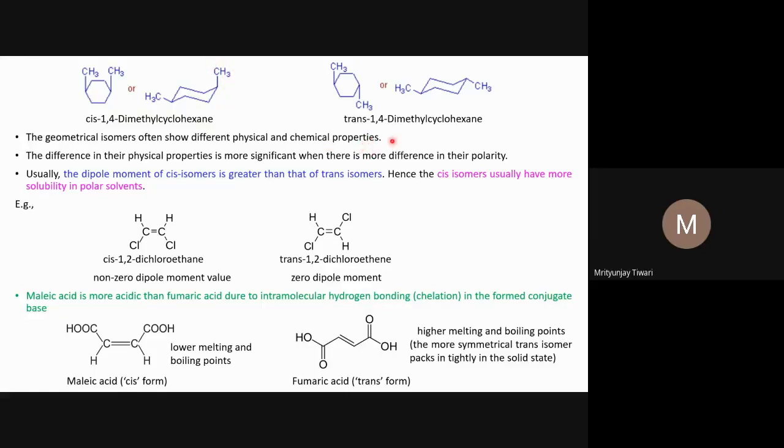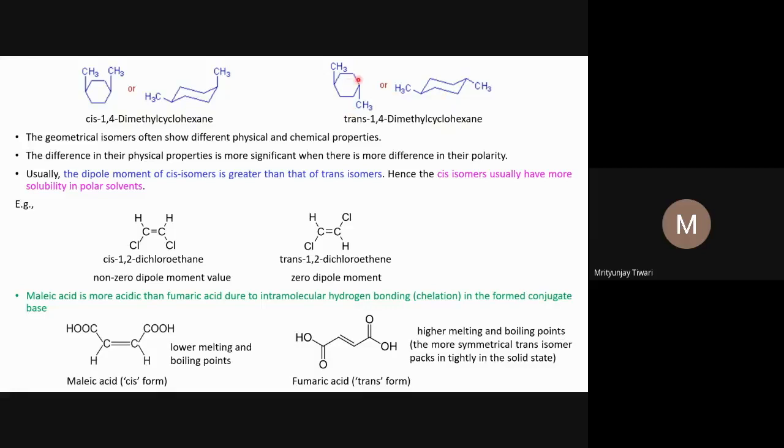Similarly, for trans-1,4-dimethylcyclohexane, in the chair form, the most stable conformation has the two CH3 groups at the first and fourth positions at a 180-degree angle, and that is why both of them are at equatorial positions. Equatorial positions are less hindered, so the bulkier group takes the equatorial position.